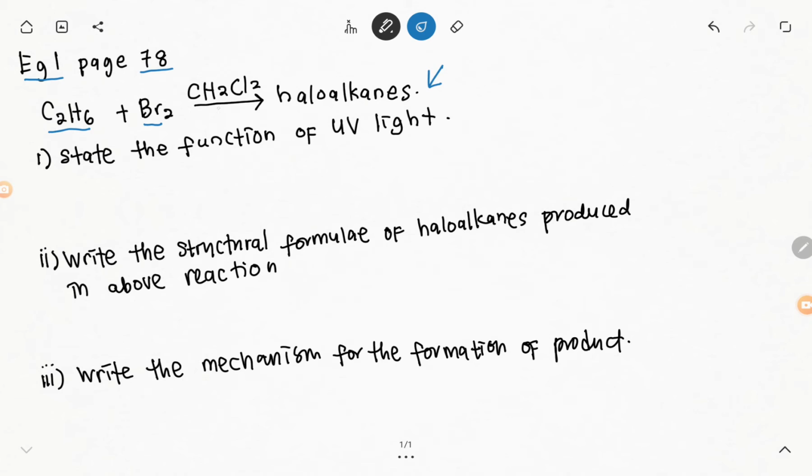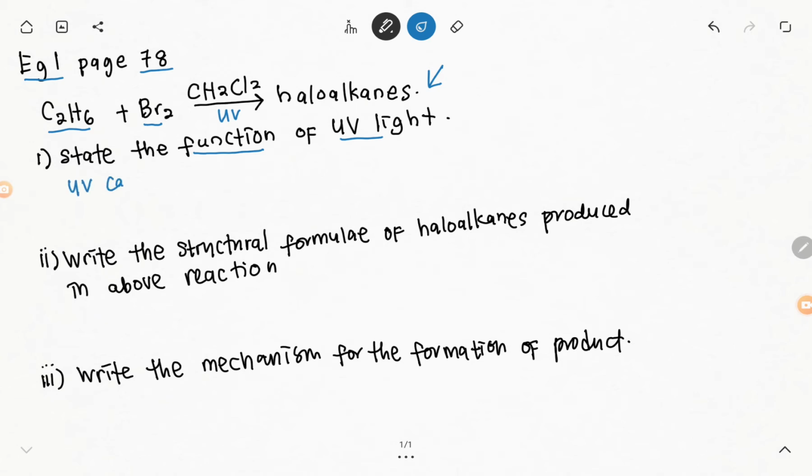But I suggest for this question, you must write down the presence of UV, because the reaction must occur in the presence of UV as our condition. So this is the first question: state the function of the UV light. So we can start.